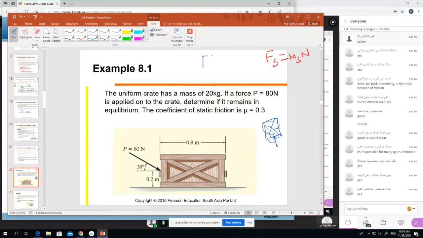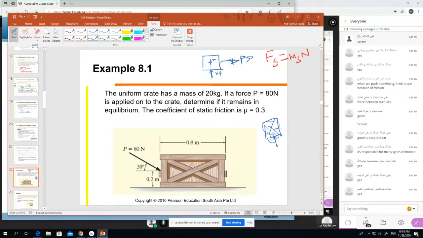If the block is straight like this, with the middle point, the weight W always works at the middle, and the normal force works perpendicular to the same line. But if you start to push the force, the point X will move in this direction.